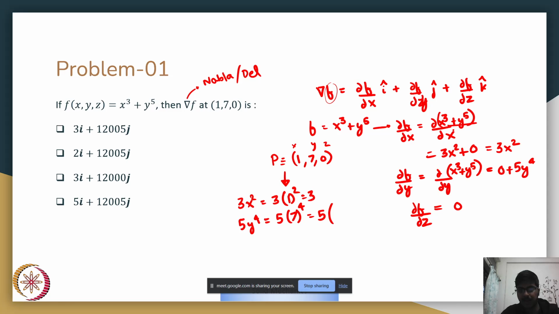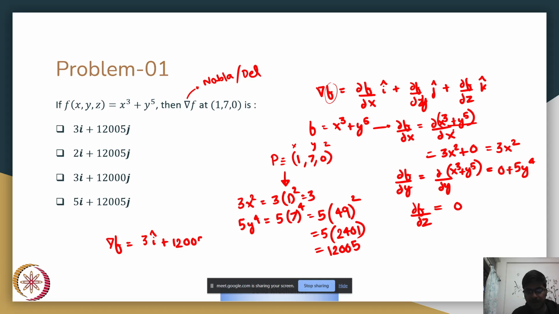If you move this around a bit, 7 to the power 4 essentially becomes 7 square whole square, which is 49 square, and 49 square is 2401. So this is 12,005. So we basically end up with grad of f equal to 3i hat plus 12,005 j hat plus 0 k hat. So this is the first option.